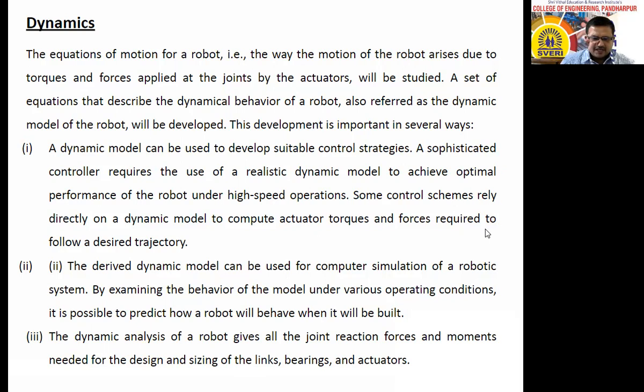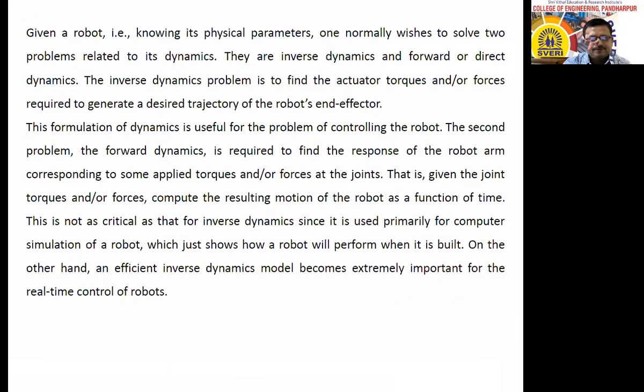The dynamic analysis of a robot gives all the joint reaction forces and moments needed for the design and sizing of the links, bearings, and actuators. Given a robot, that is, knowing its physical parameters, one normally wishes to solve two problems related to its dynamics.